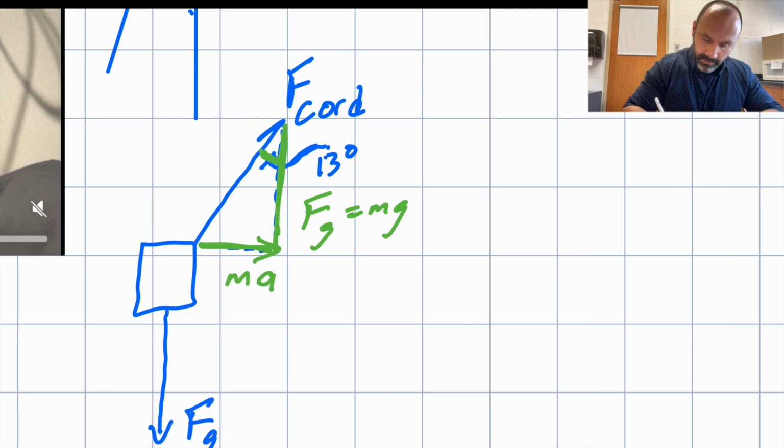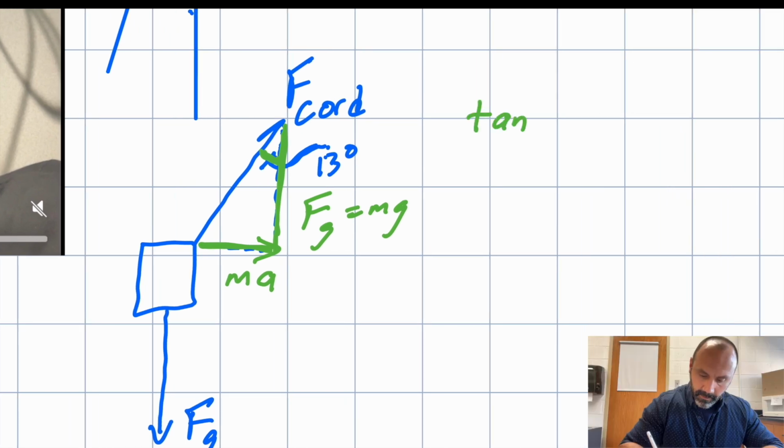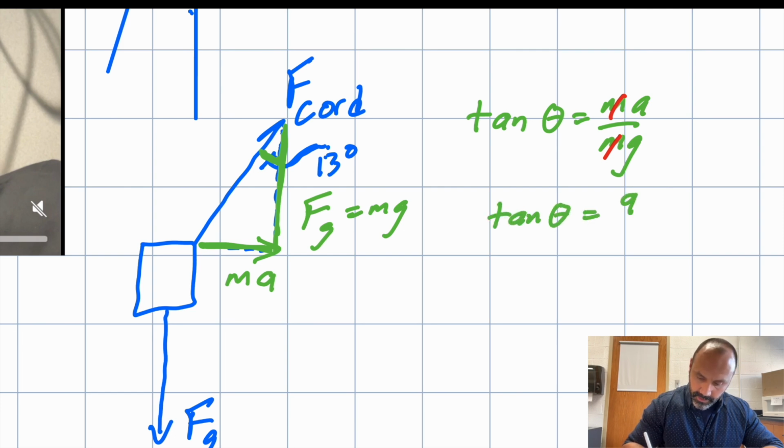So I can write this. Tangent of theta equals ma over mg. And then if we look at that, the m's cancel out. So tangent of theta is equal to the horizontal acceleration over the acceleration due to gravity.